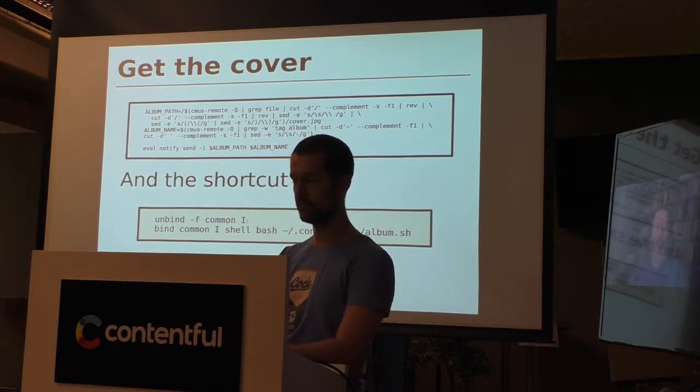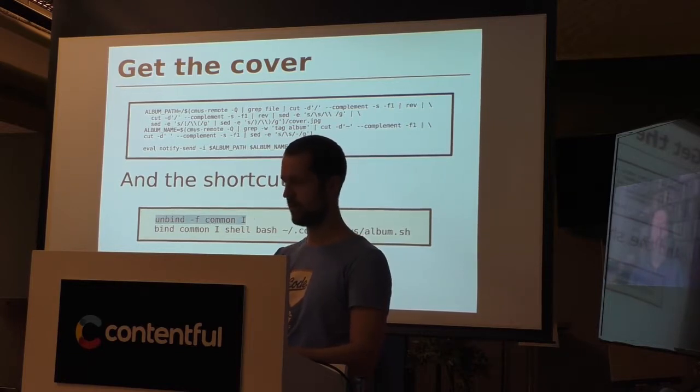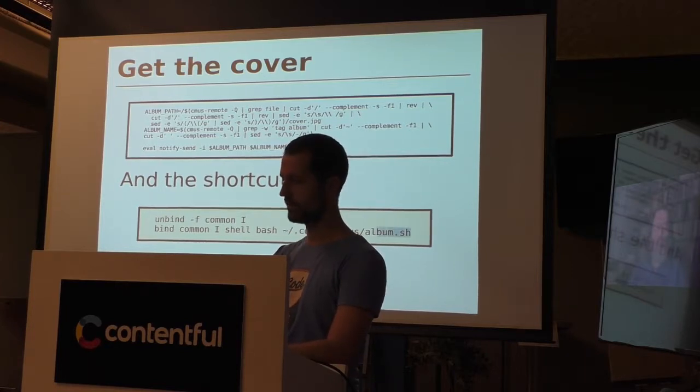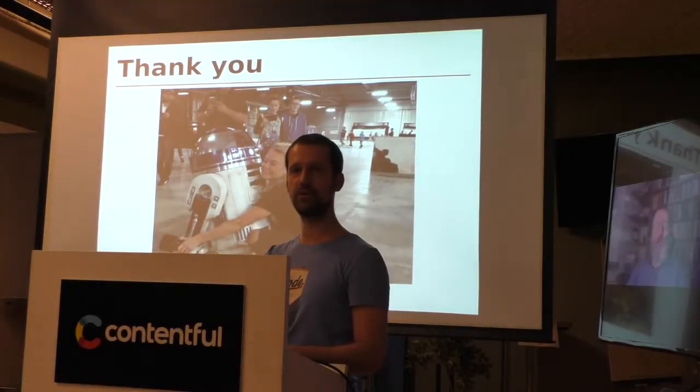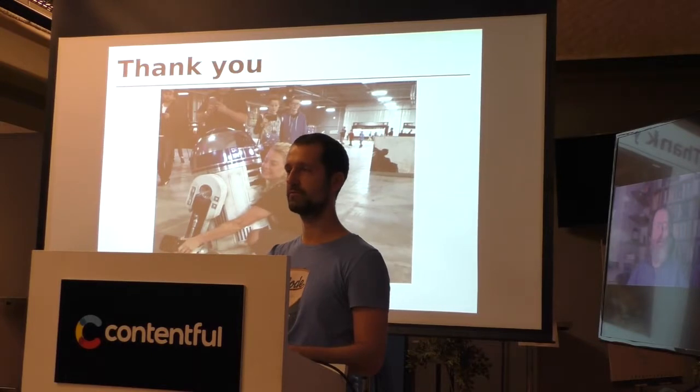Again, you can just fire up some shell script from CMUS, and it's very, very easy to do, as you can see here. So here is the content of my shell script. Okay, and that's it for CMUS so far.